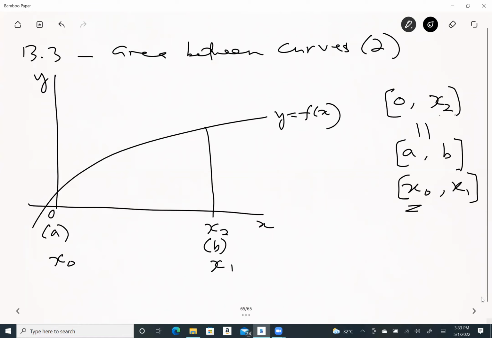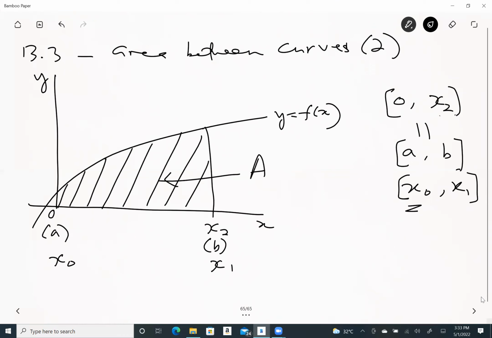So if I want to find this area here, call it area A. How can you find area A? Area A is simply the area under f of x from 0 to x2.